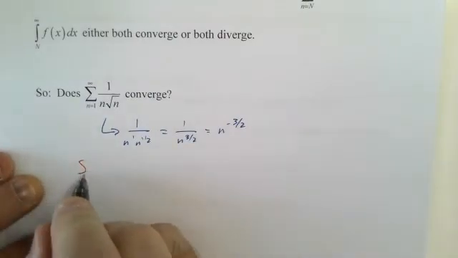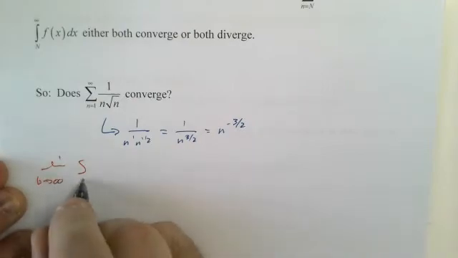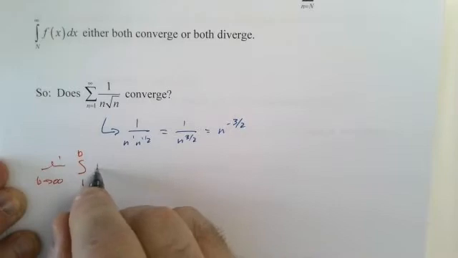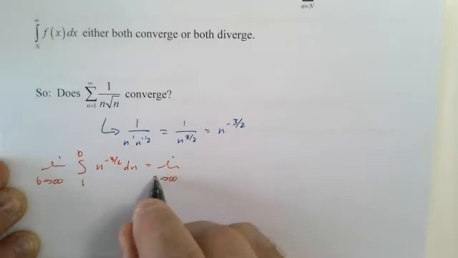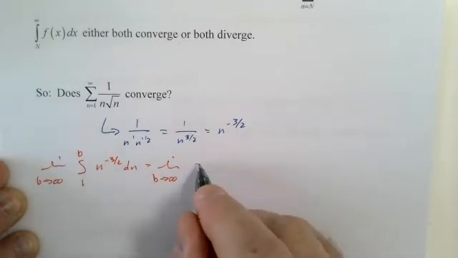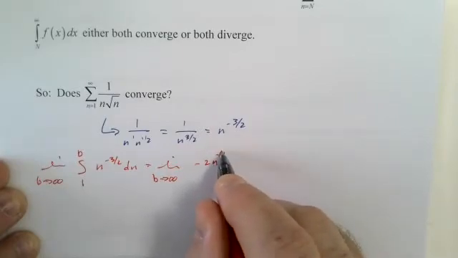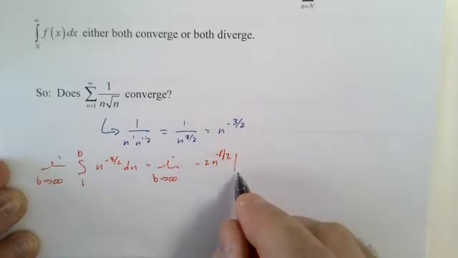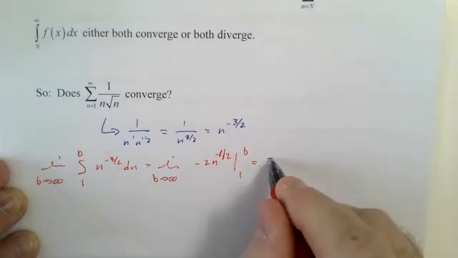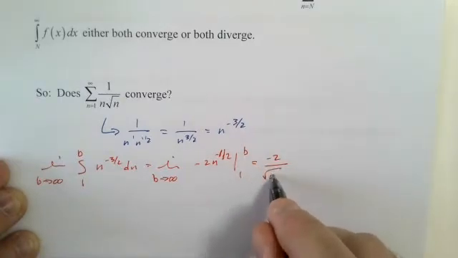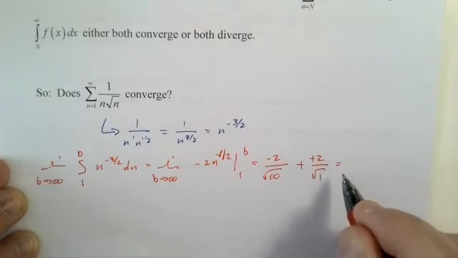So that would be the limit, as b goes to infinity, from 1 to b, of n to the negative 3/2, which is the limit as b goes to infinity of add 1 divide negative 2n to the negative 1/2, from 1 to b, which is negative 2 over square root of infinity minus negative 2 over square root of 1, which is 2.